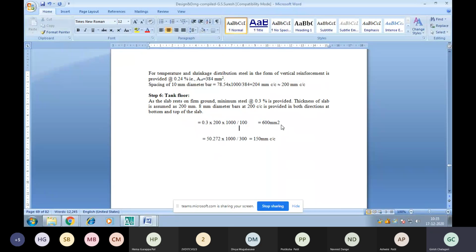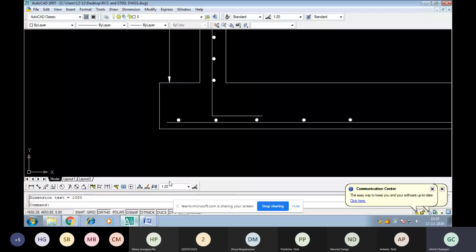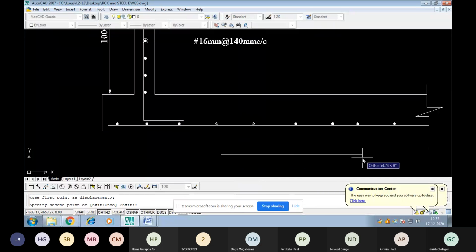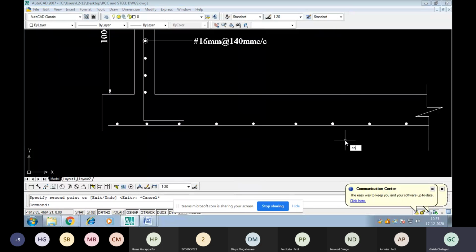So if you provide in 2 layers, 600 divided by 2 will be 300 mm square per face. So we can provide reinforcement in 2 layers here, like this.